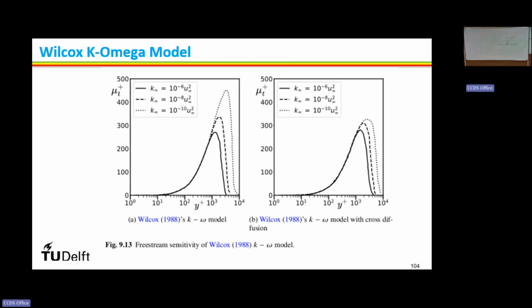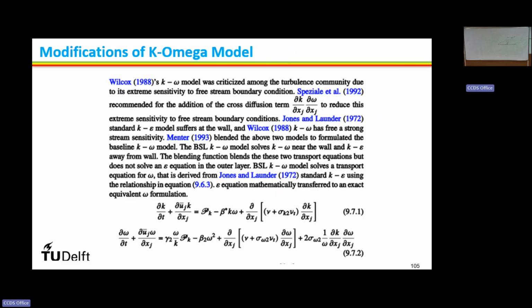Then subsequently what happened? Wilcox tried to fix those things. How did he fix those things? There is a cross diffusion term. He added this cross diffusion term to the omega equation. What is the cross diffusion?